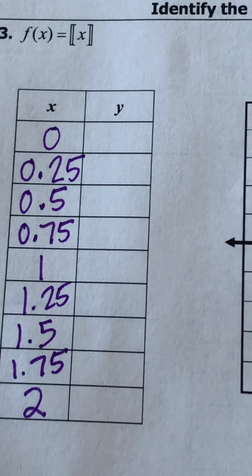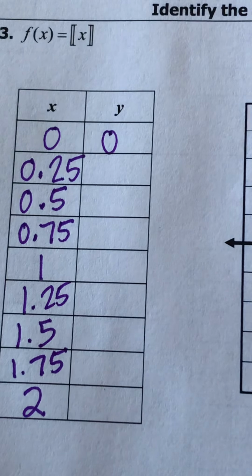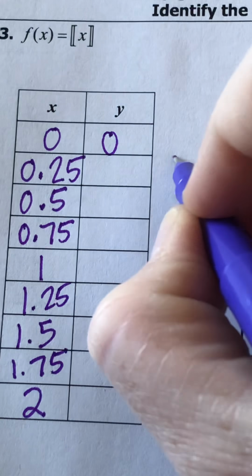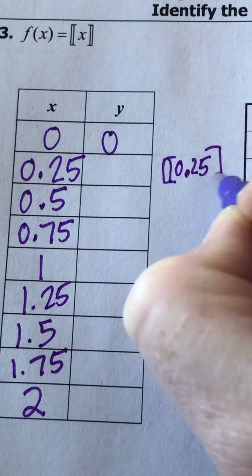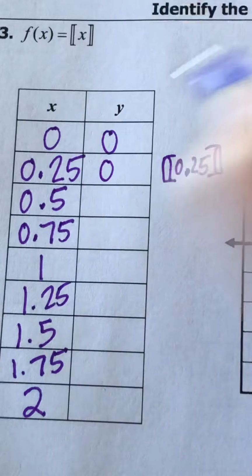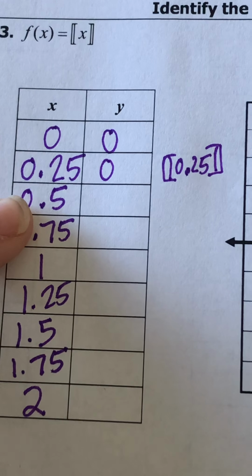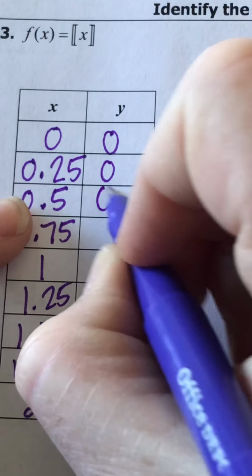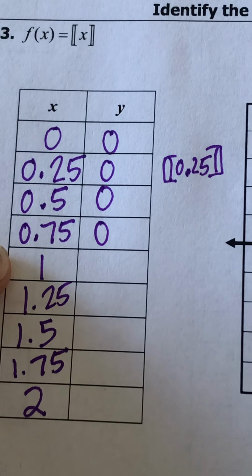So the greatest integer of 0, 0 is an integer, so that's 0. The greatest integer of 0.25, well, the closest integer without going up is still going to be 0. The closest integer to a half without going up is still 0, and this is still 0.